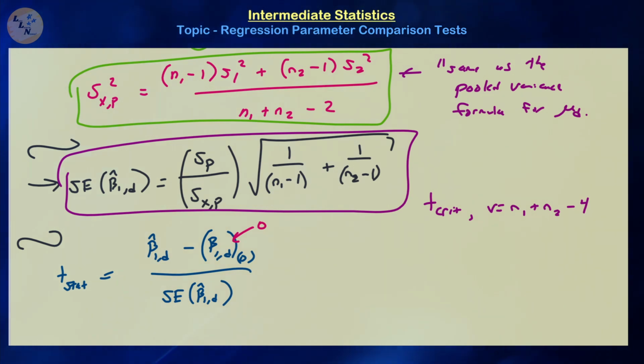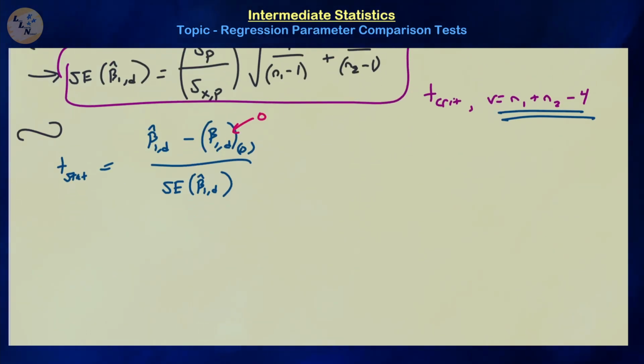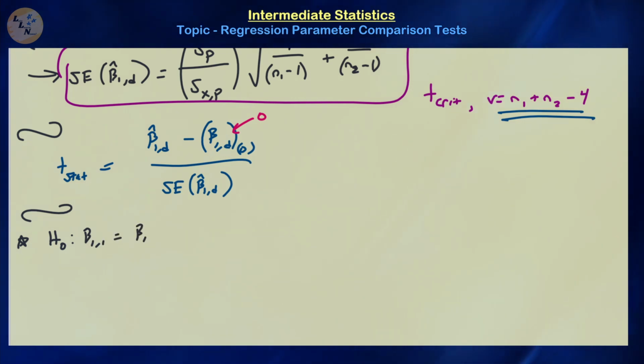And again, that's going to be compared to a t-distribution with that particular degrees of freedom in case you're interested in calculating your p-values. So that is how you do hypothesis testing. So again, what are we actually testing for in this particular world? The null hypothesis for these was beta 1,1 equals beta 1,2.